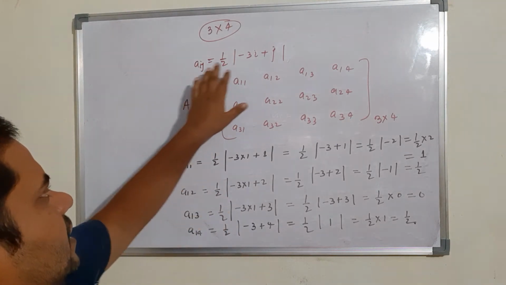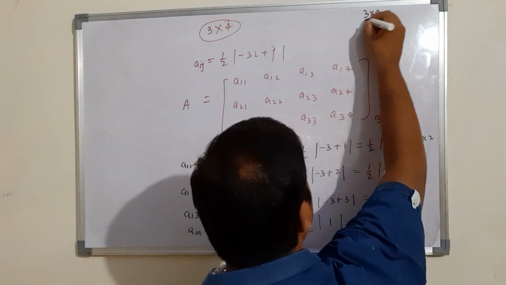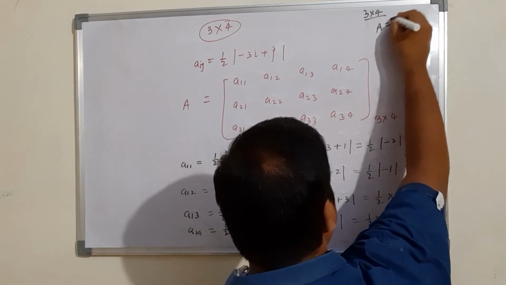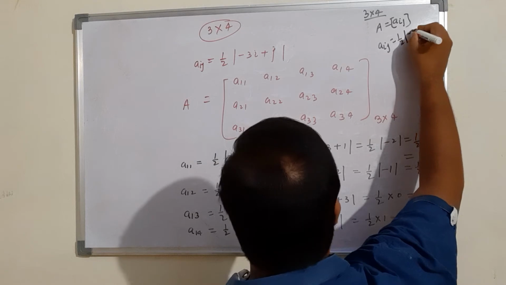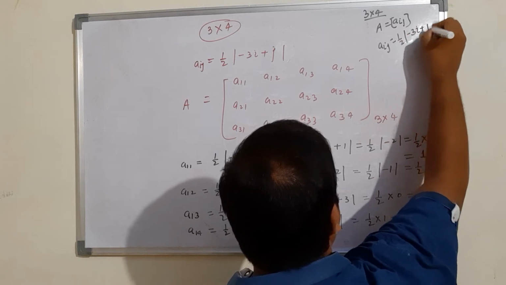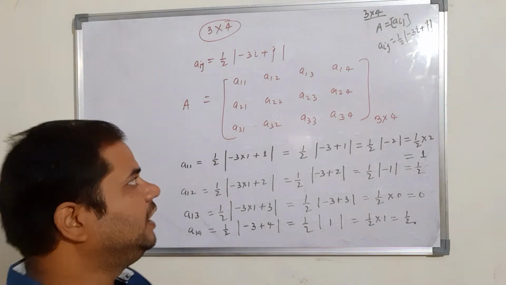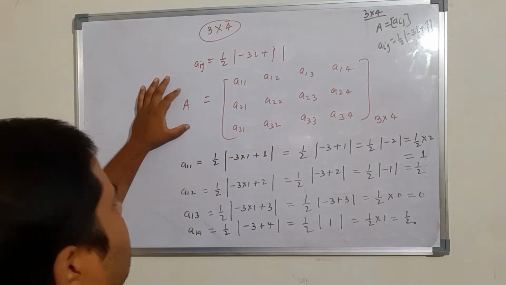where aij is given. That means we have to form a 3 cross 4 matrix with element aij, and aij is nothing but 1 upon 2 times the modulus of (3i plus j). So first of all we have to see what the elements of that matrix are.